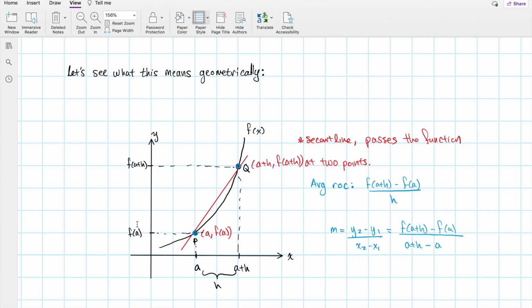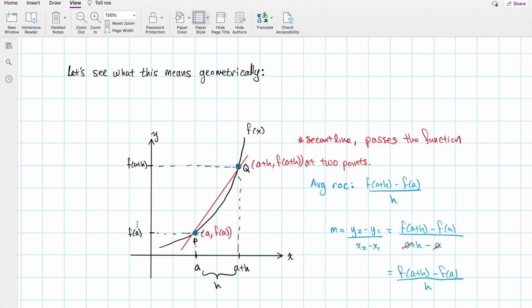Notice over here that the two a's cancel out, and all we're left with is f at a plus h minus f at a all over h. So later on, when you're asked for the average rate of change, remember it's simply the slope of the secant line. That's the easiest way to remember that.